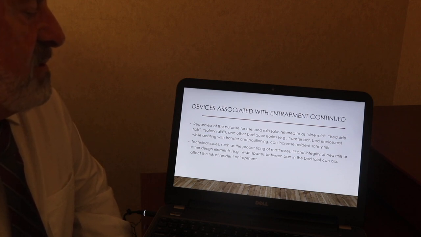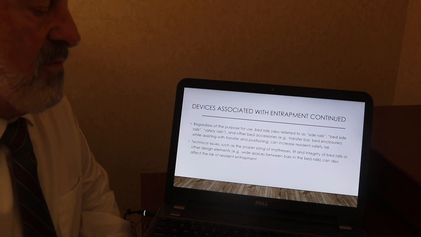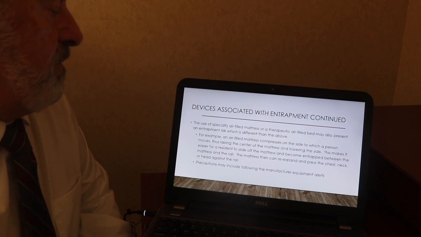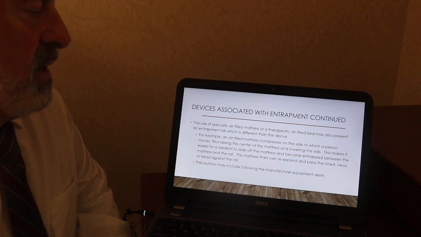Technical issues such as proper size of mattresses, fit and integrity of the bed rails or other design elements, wide spaces between bars and the bed rails, etc., can also affect the risk of a resident for entrapment.